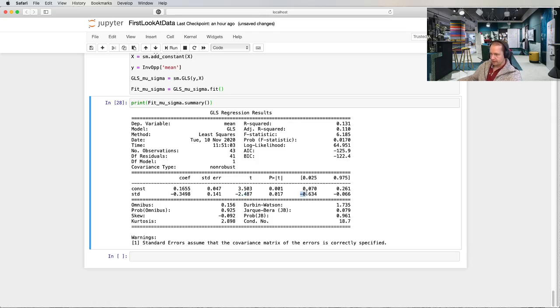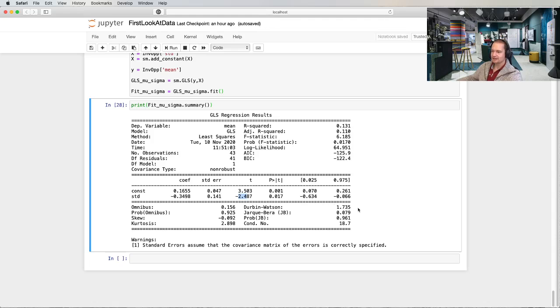So the 2.5 and 97.5th percentile are both negative, so it gives indication that there's a negative relationship between the standard deviation and the expected return in the past European data, but we only have 43 observations. I believe these are asymptotic standard errors, and therefore we are far away from the asymptotics with 43. But still, it's okay. It's marginally significant, let's say.